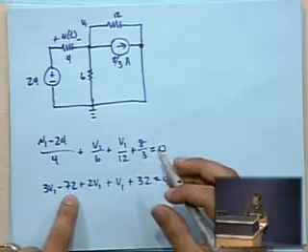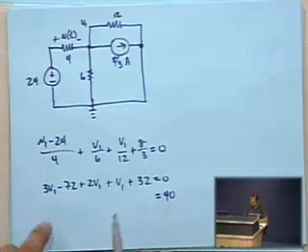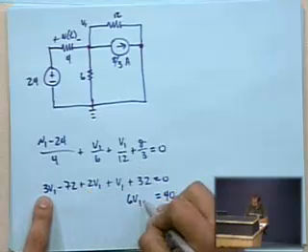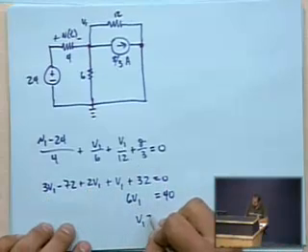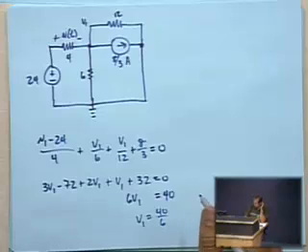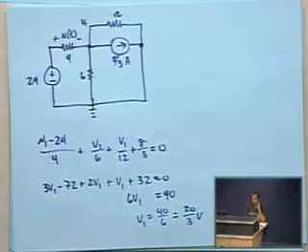So we put positive 40 on the other side. And we've got 6 V1 equals 40. So V1 equals 40 over 6, which is 20 over 3. And that does work out. That's the same number as we ought to get for the node voltage V1.